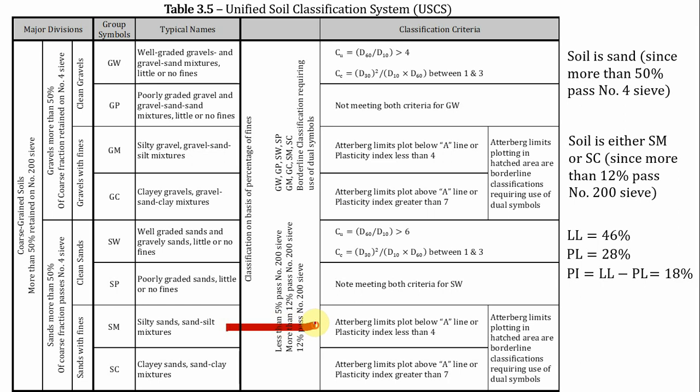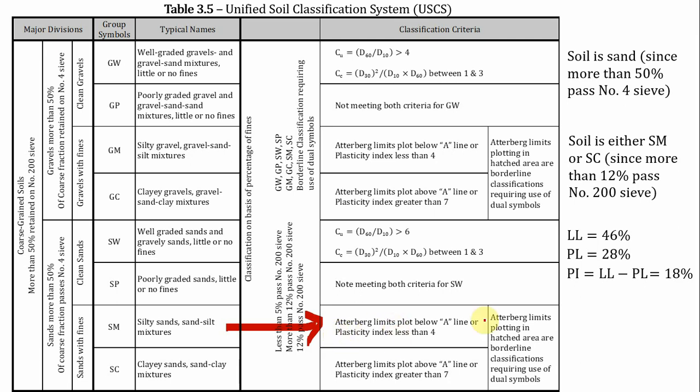Itong criteria niya. It says here, class, it should be that the Atterberg limits plot below A line or plasticity index less than 4. So in this criteria, class, pwede mo siyang i-plot by Atterberg limits. May graph ito, class, or pwede rin by plasticity index lang.